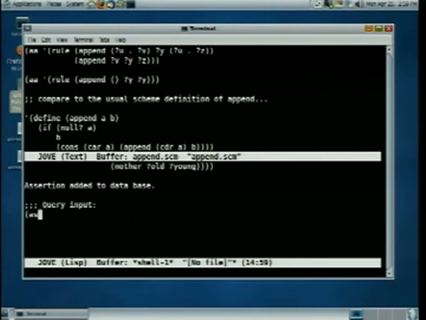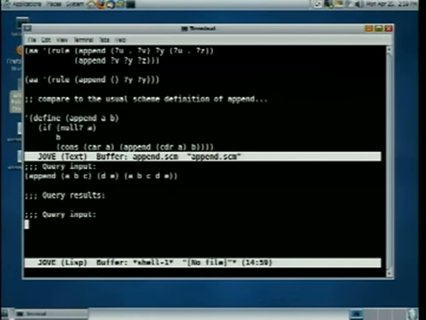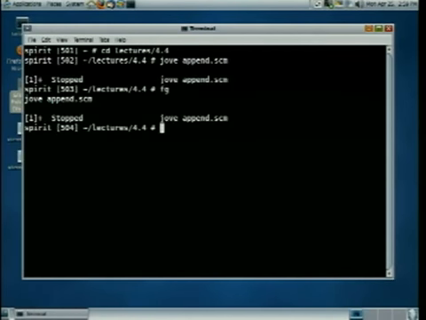I can say append A, B, C, D, E. Oops, what happened? Did it not load? Wait, I'm really confused. Nope.